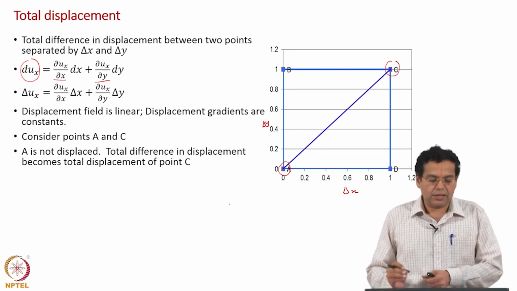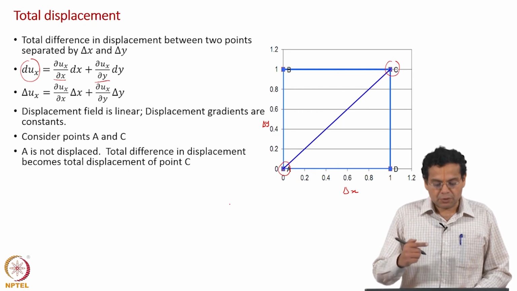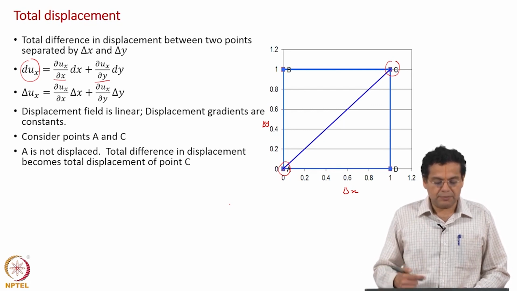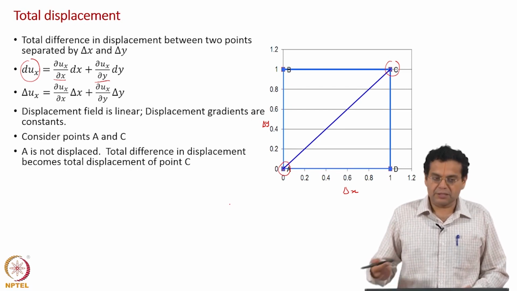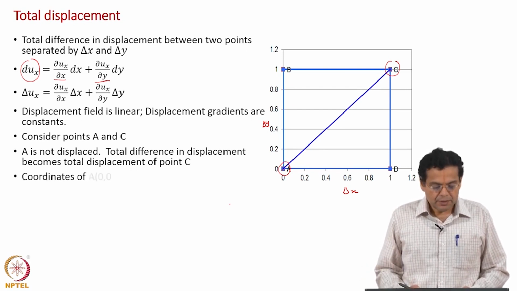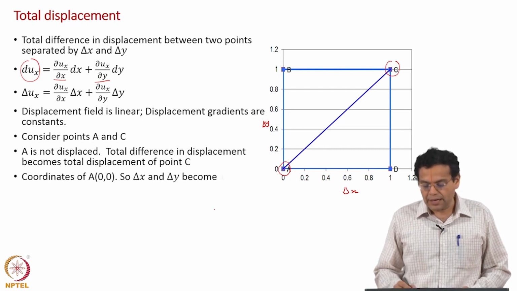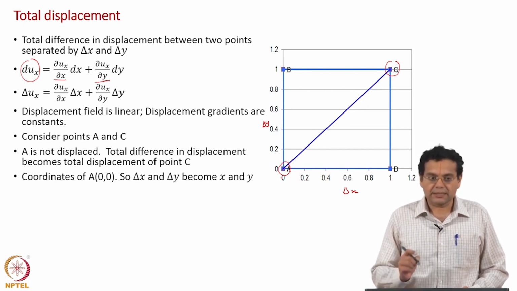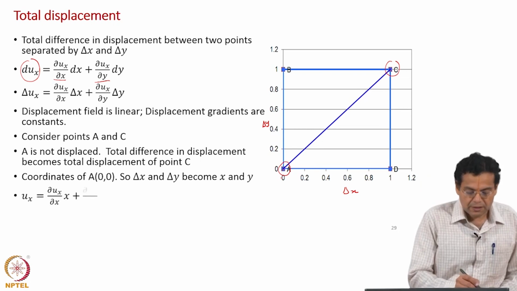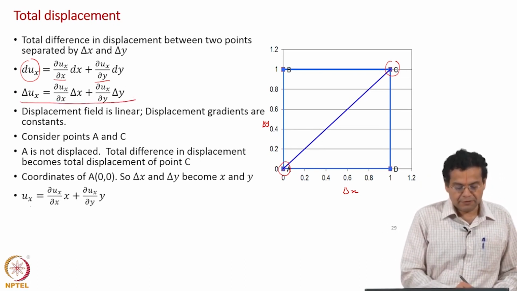So, we will talk in terms of displacement itself. Further, the coordinates of A are 0 comma 0, so delta x, delta y becomes x and then y. So, the second expression just becomes simplified in this way.